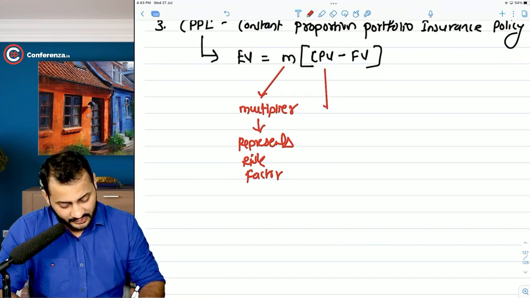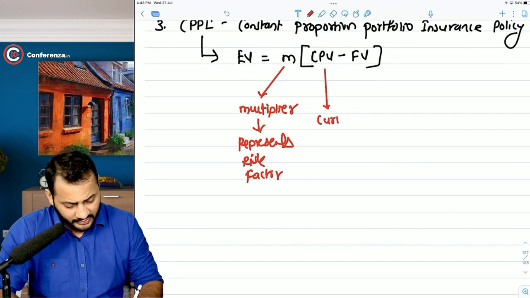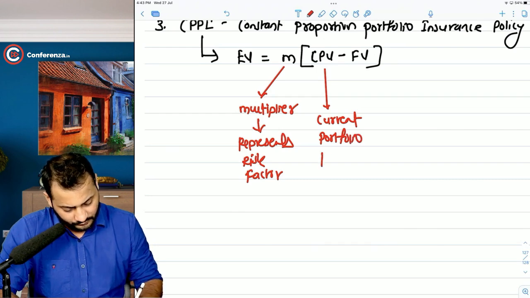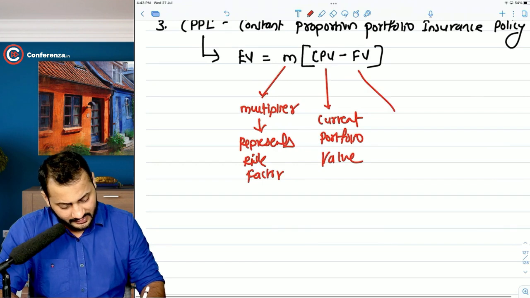Whatever you are considering in that same equity share or same investment, I can take higher risk, so I can invest more money than you in the same equity shares. Second, this is going to be the current portfolio value. Current means on the date of rebalancing. We'll learn about it in the question. And this is floor value.